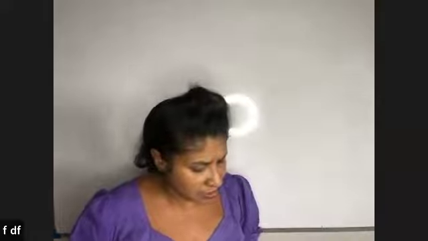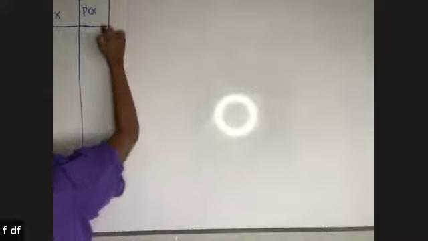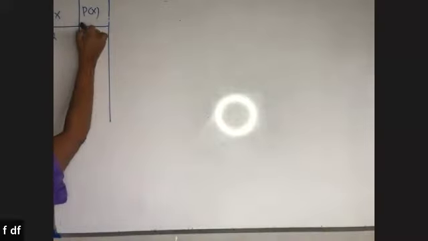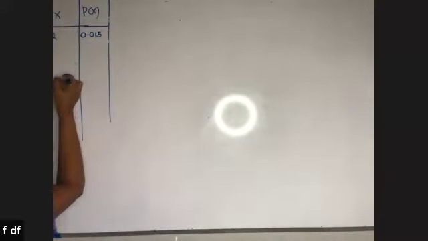So our probability distribution is given. Lead time is the number of days for the transportation. X and P(x) are given. So 12 days with some probability, then 14 days, 5%.